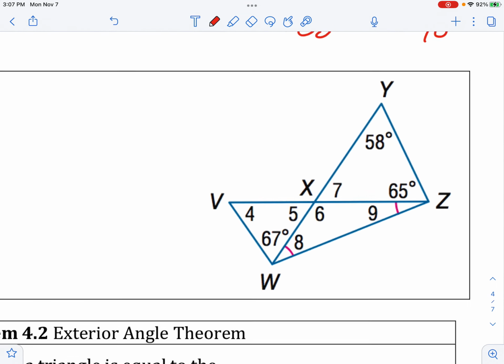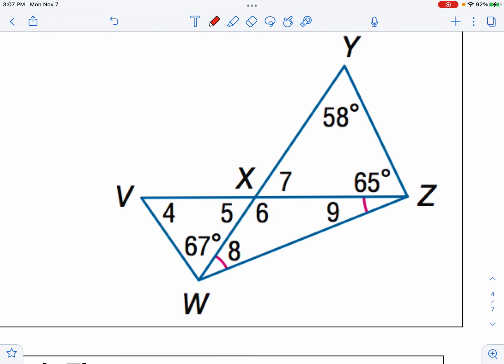On 1B, it's a similar story. 58 and 65 is 123 degrees. So angle 7 must be 57 degrees.